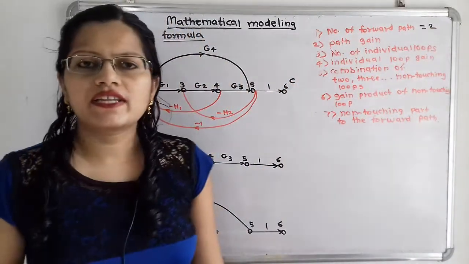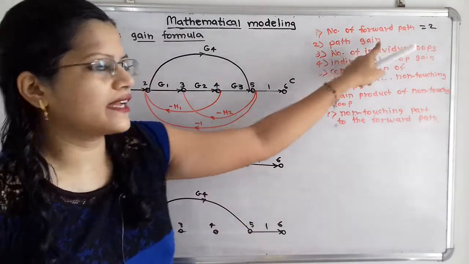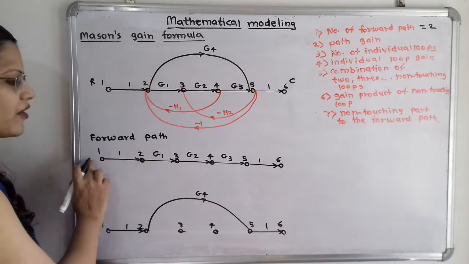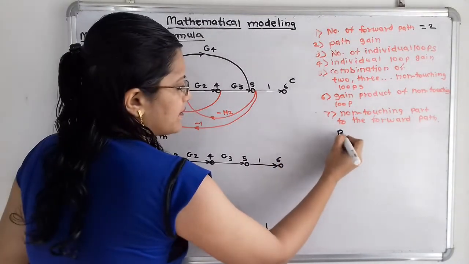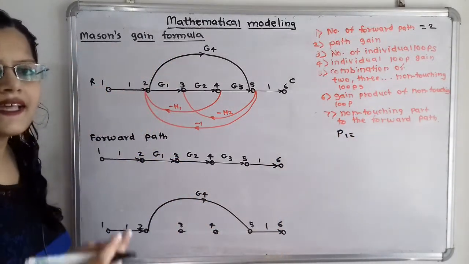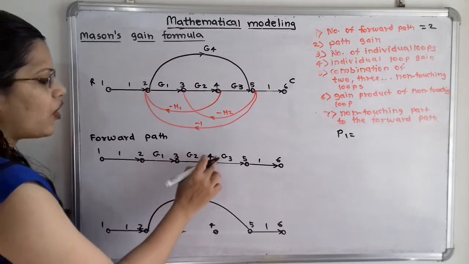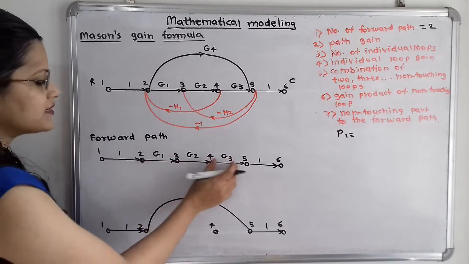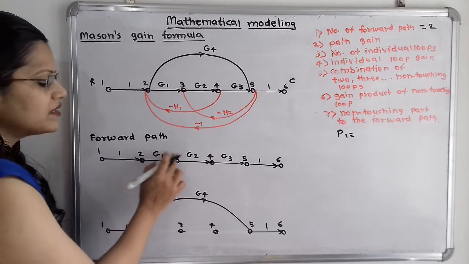Now we will move to the next point, that is path gain. So we have to write what the path gain is. For the first forward path we will say P1 is equal to. Path gain means the multiplication of all the branch gains. Here all the branch gains are G1, G2, G3.